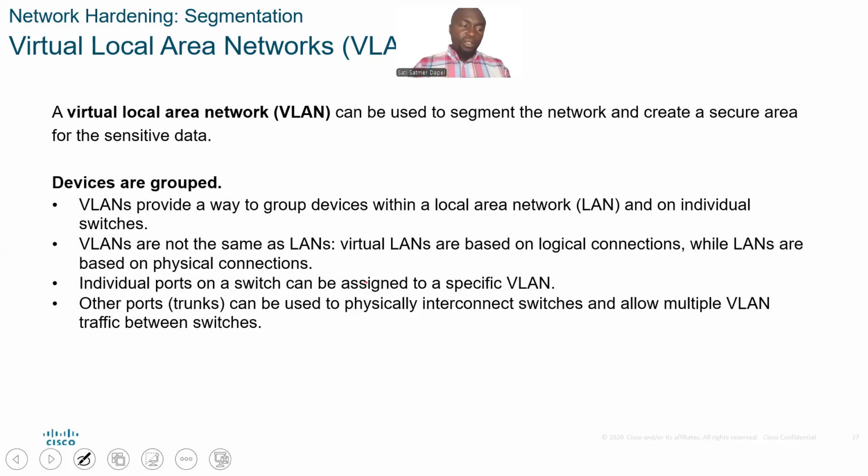Segmented means that you have partitioned it, you have partitioned it for each segment, each group. So this segment cannot talk to the next segment on its own. They actually require maybe a router or a layer 3 switch that will help them communicate with each other.